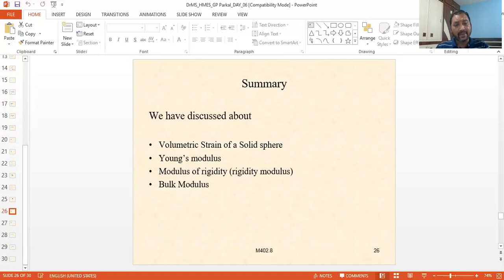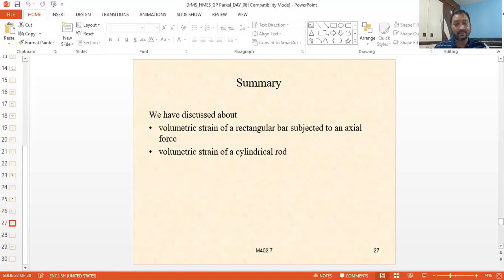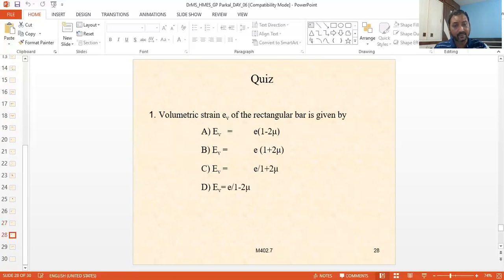Next, we discussed the elastic constants, that is the Young's modulus, modulus of rigidity, and bulk modulus. So these things we have covered in this lesson. And even the volumetric strain is discussed for both the rectangular bar and also the cylindrical rod.